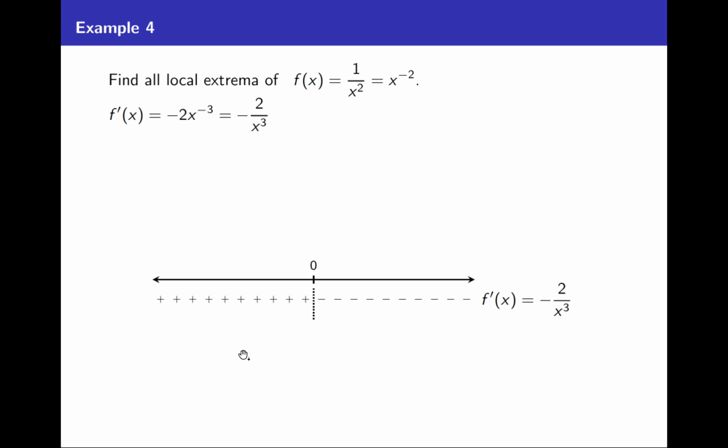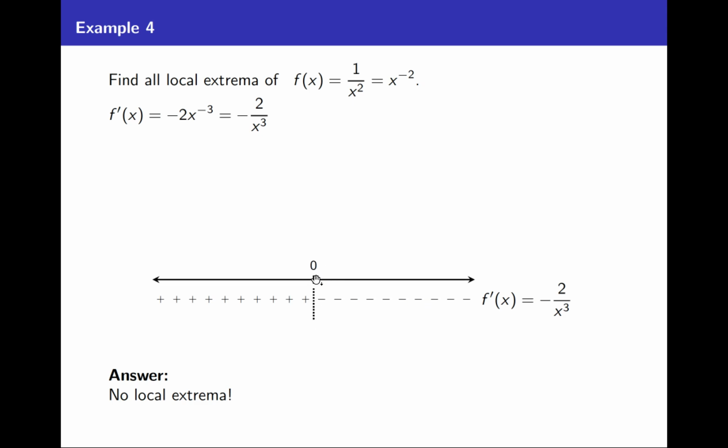Now watch out. You get a sign change right there at x equals 0. But don't jump to judgment. It turns out that there are no local extrema here. And why not? Why is there not a local maximum at x equals 0? Well, it's kind of subtle, but you really need to be aware of these types of situations that are happening here.